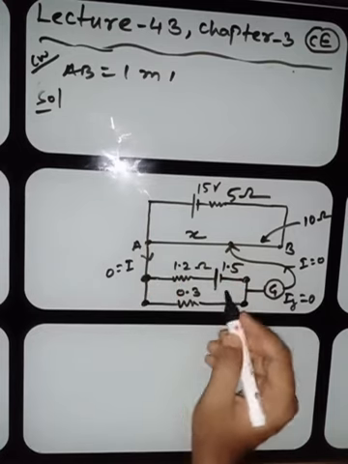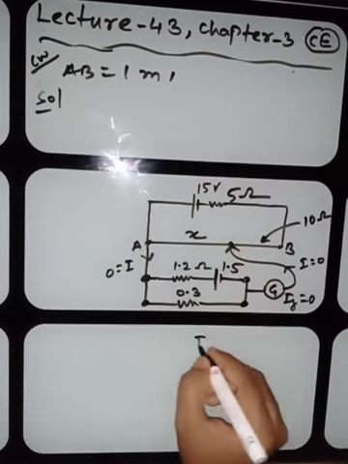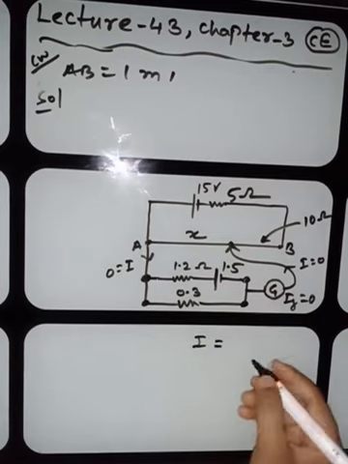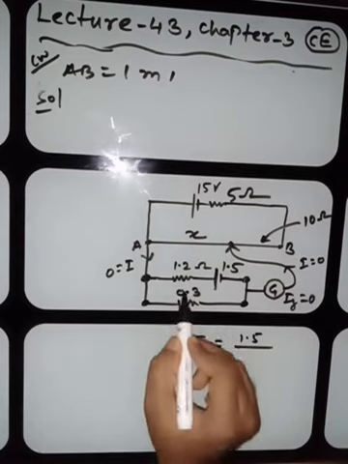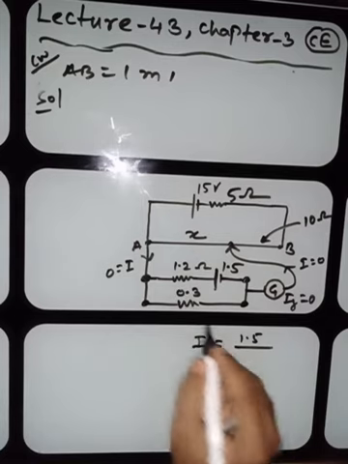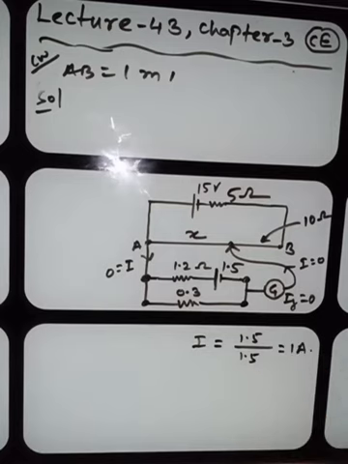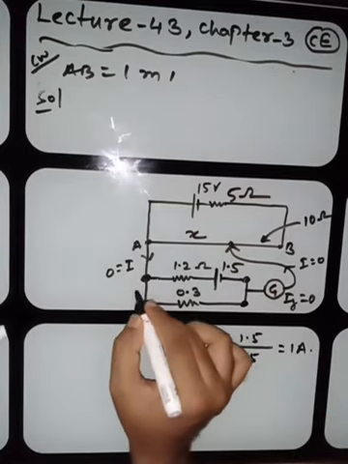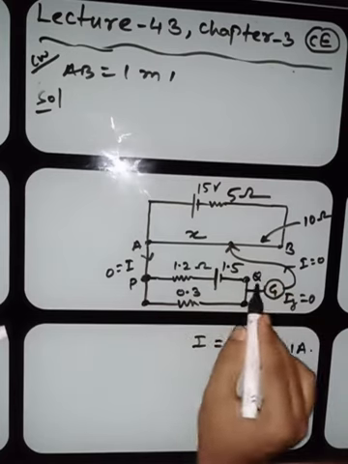The current over here, I, is equal to 1.5 divided by the total resistance, 1.2 plus 0.3, that is 1.5, so it is 1 ampere. Suppose this is the point P and this is the point Q. What will be the potential difference across here?